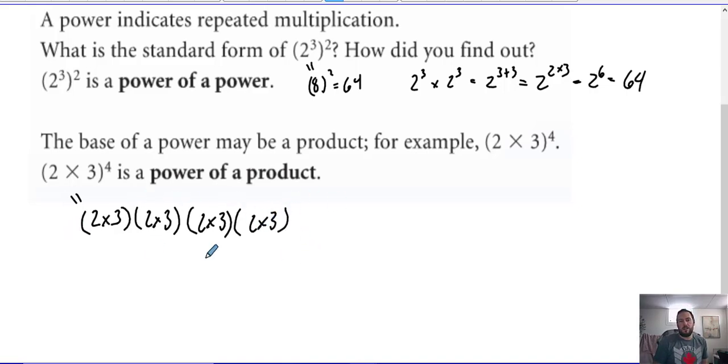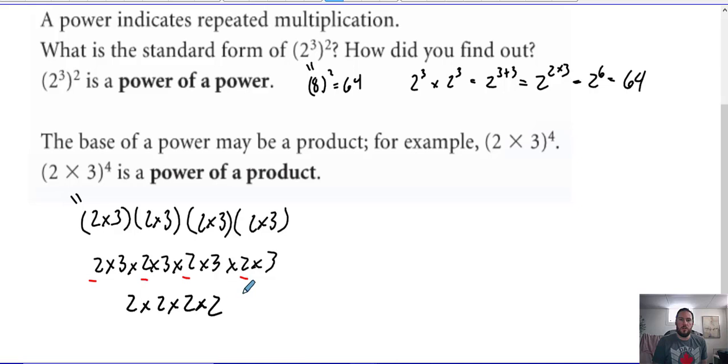Because this is just a string of multiplications, the brackets aren't actually doing anything, and the order in which we do them doesn't matter. So I could take all of the 2's and multiply those together, 2 times 2 times 2 times 2, and then take all of the 3's and multiply those together, times 3 times 3 times 3 times 3.